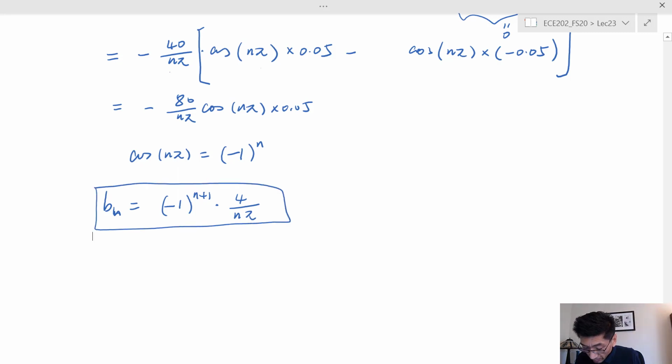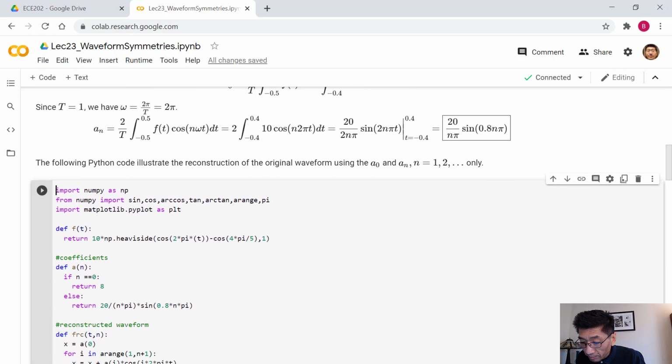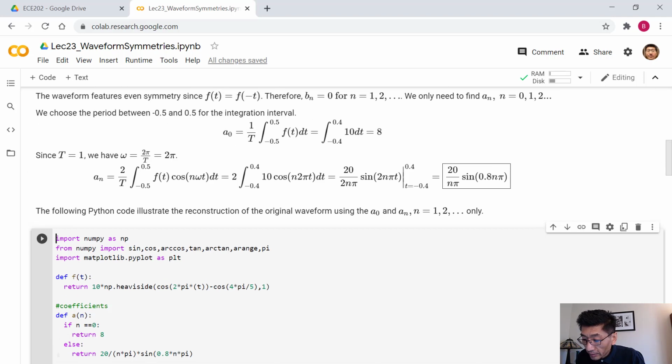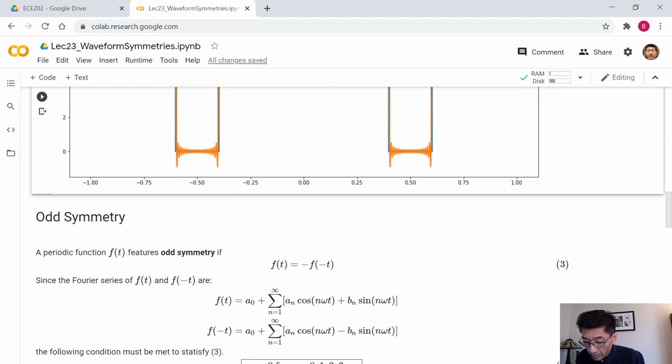Let's look at whether this makes sense using the Google Colab. And here we have, let's see, this is the even one, let's see the odd one.